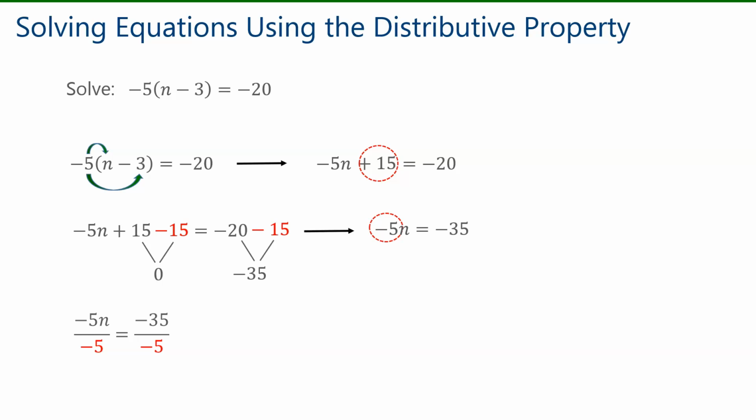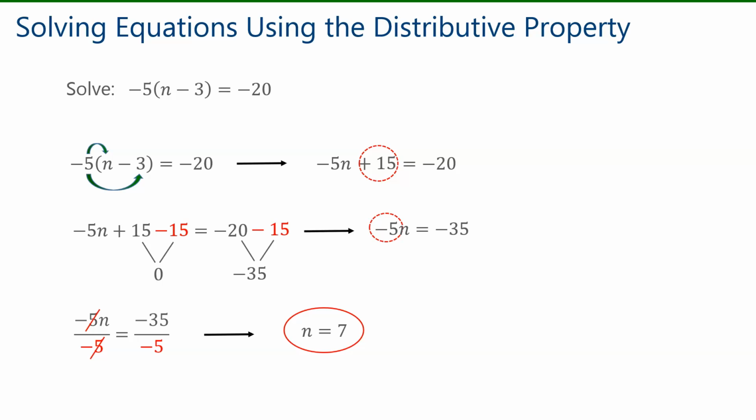On the left-hand side, negative 5 divided by negative 5 is 1, so they cancel. And on the right-hand side, negative 35 divided by negative 5 equals positive 7. So the solution to the equation is n equals 7.